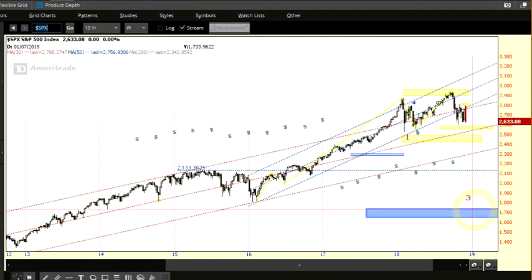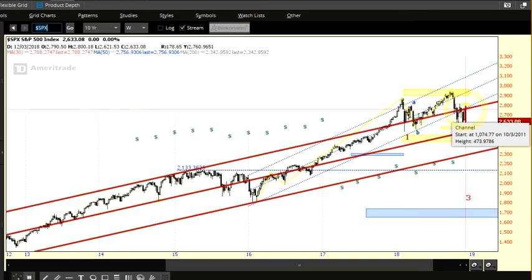And then when we get down here to this decision point area, you can actually enter back into the market for a good pop back up, probably to the underside of this channel when that time comes. But obviously, who wants to lose this money, right?